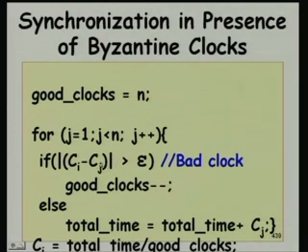No. See, our goal is to keep 2 clocks synchronized within epsilon. We do not bother about which has drifted. So, if the time difference between the clock that has received it and another clock is more than epsilon, then the other clock will be assumed to be bad.